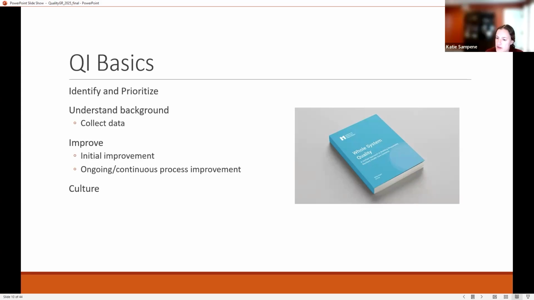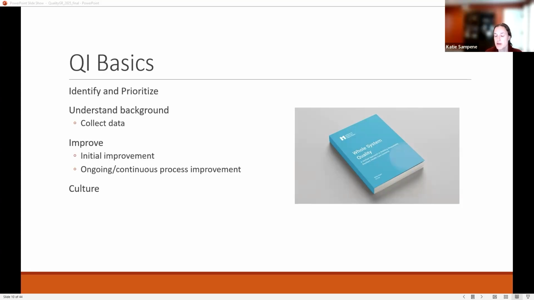And then you're going to decide what your initial improvement is, but you also need to show that it's ongoing and continuous. So the hallmark of QI that's different from research is that it's not your classic research study of pre-post. In your classic research study, you had a pre-population, you did something to them, and then you measured it after your intervention, and there's your study.